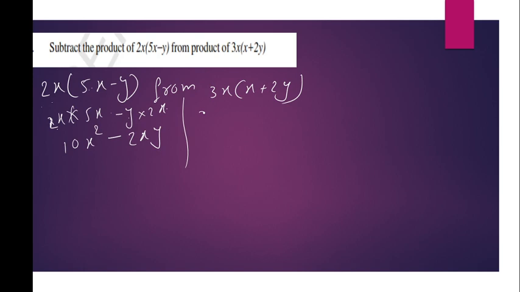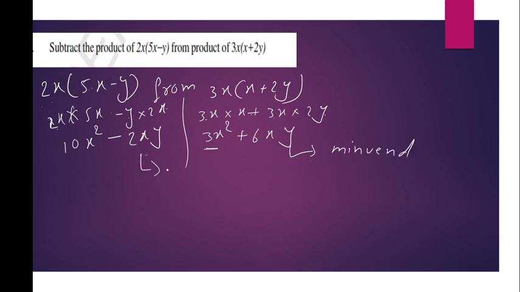And this is 3x into x plus 3x into 2y. 3x into x, 3x square plus 3 2s are 6xy. So from which we have to subtract? This is called the minuend. And this is called the subtrahend.